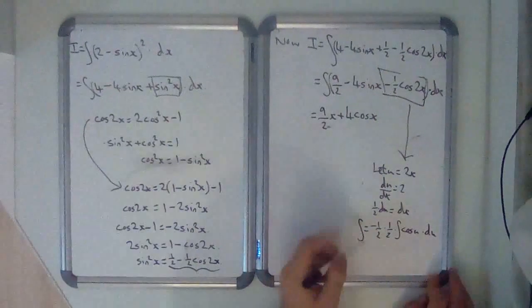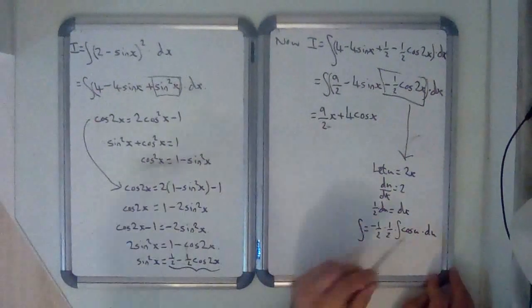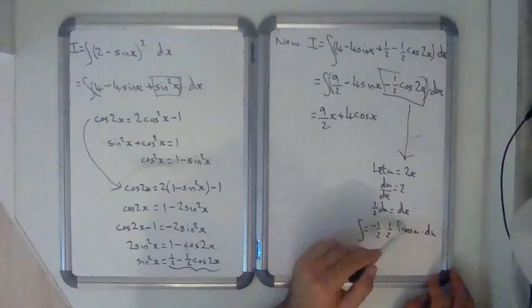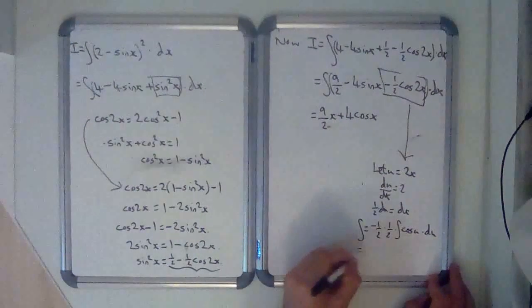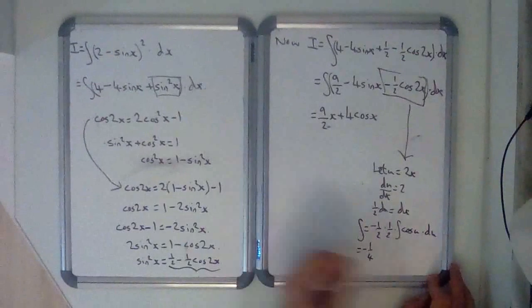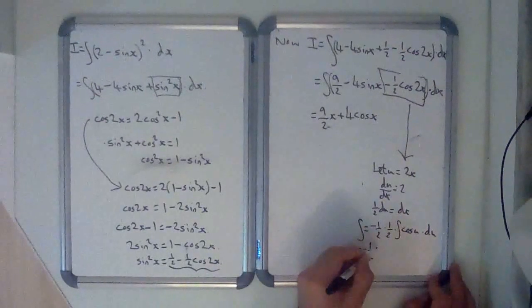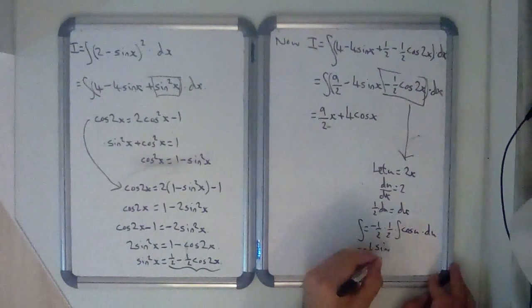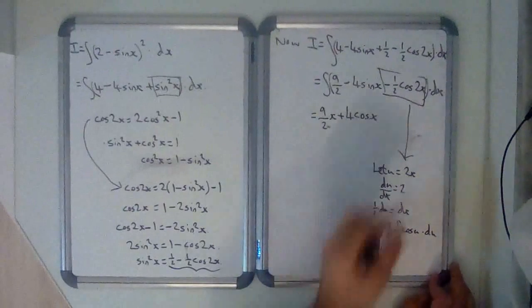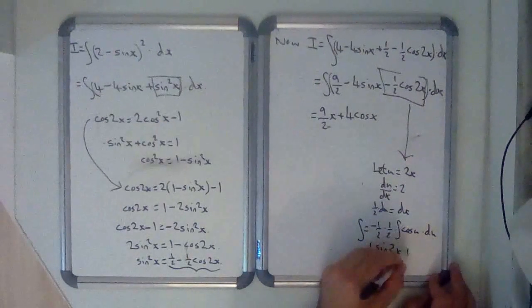So minus a half times a half is minus a quarter. This is going to go to sine u, so equals minus a quarter sine u. And since I haven't got room, I'm going to write 2x plus c.